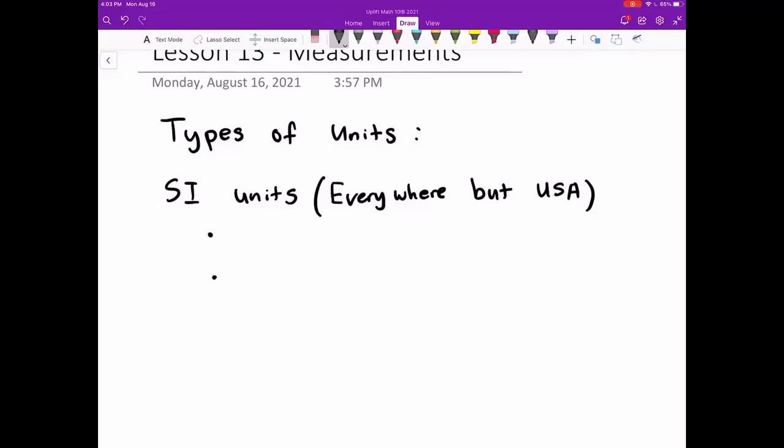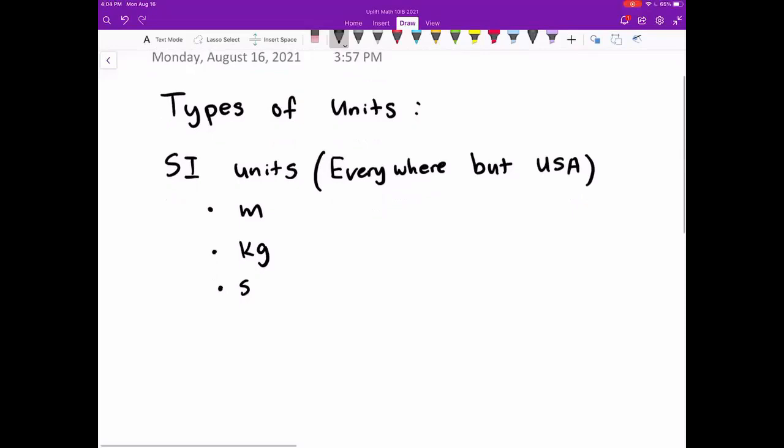The first SI unit is meters, which is for distance. The second one is kilograms, for mass. The third one is seconds, for time, which I'll just denote as s.